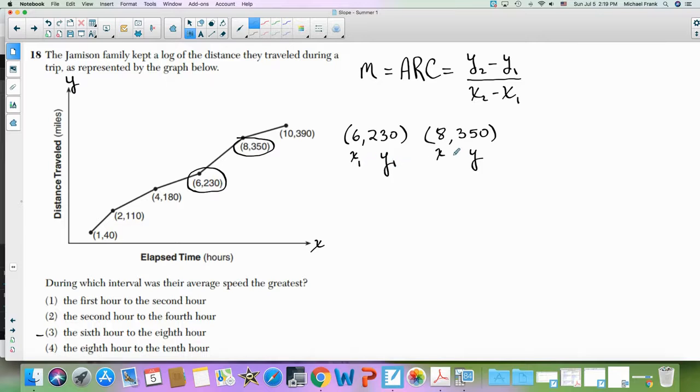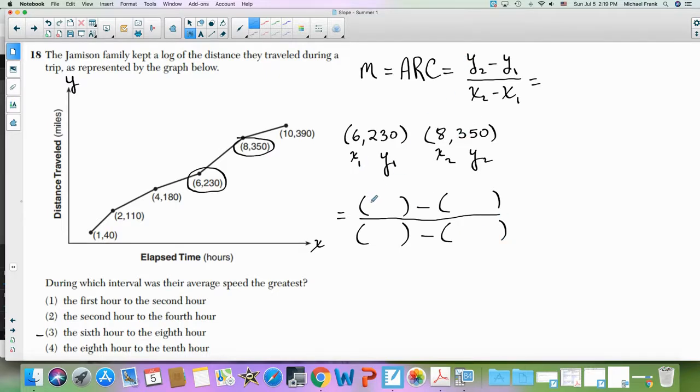First point, second point. Now I'm going to do an equal sign, come all the way down here, and draw a nice big fraction line, and I'm going to put parentheses, minus parentheses, over parentheses, minus parentheses, and substitute all the numbers where they belong.